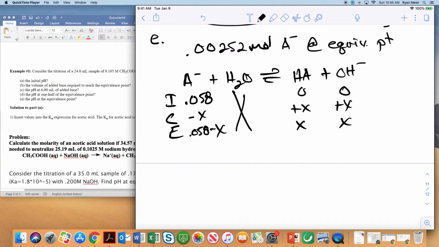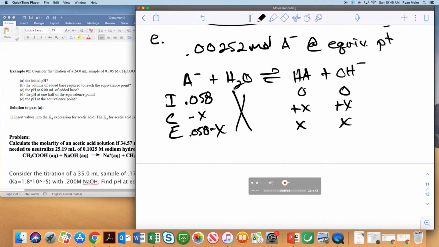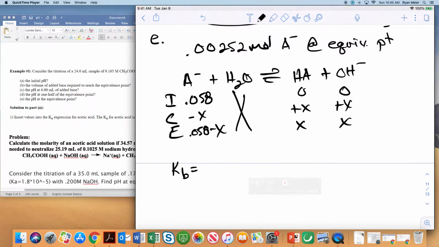And now to solve for my x, I need the equilibrium constant. Well, where am I going to get that from? Because this is a reaction for a base, what I need is a Kb. Right? Well, Kb is equal to Kw over Ka. I don't have the Kb value offhand, but I do have the Ka value of its conjugate, right?